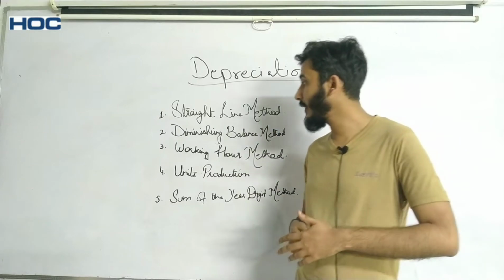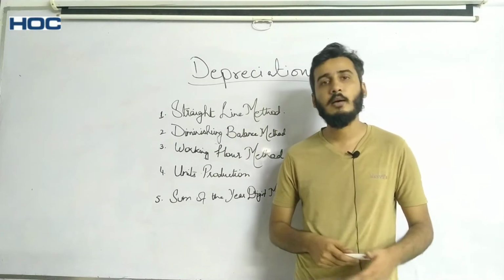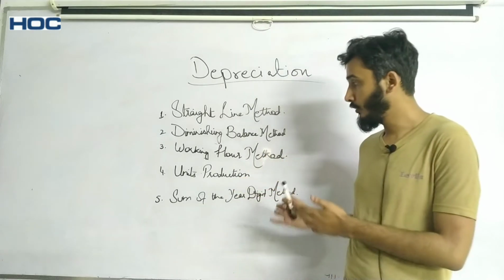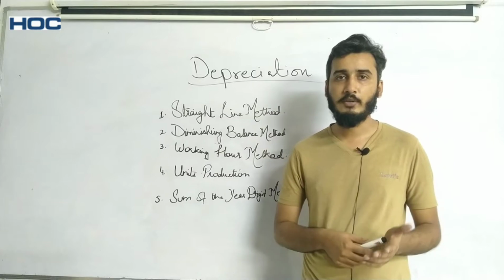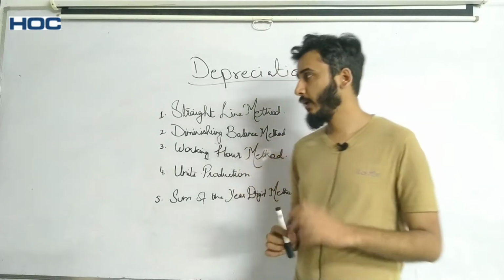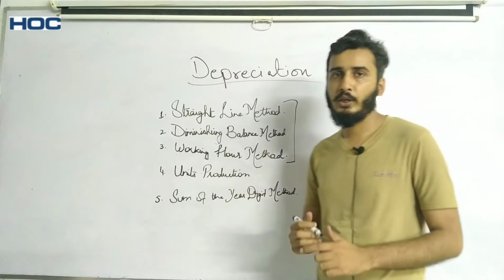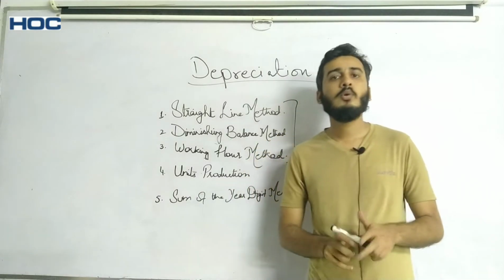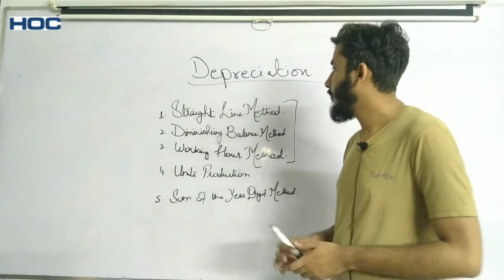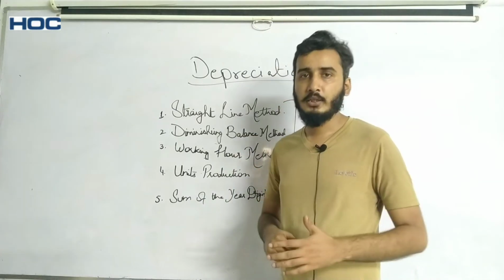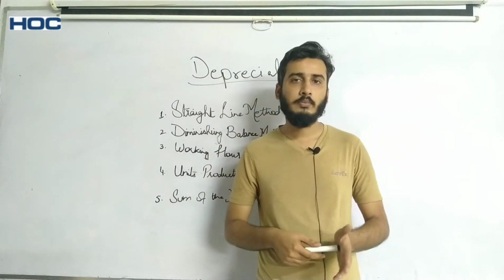Number 1 is the straight line method, number 2 is the diminishing balance method, number 3 is the working out method, number 4 is the unit production method, and number 5 is the sum of the year digit method. Do remember that we will discuss the first 3 in this video and the rest 2 in the next part. So let us discuss the straight line method in detail, with the formula and one practice question as well.